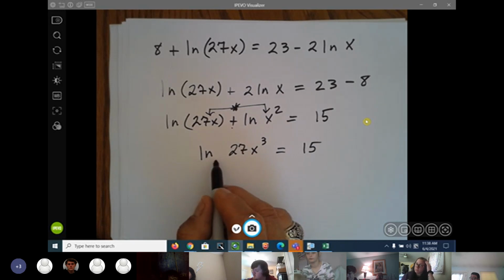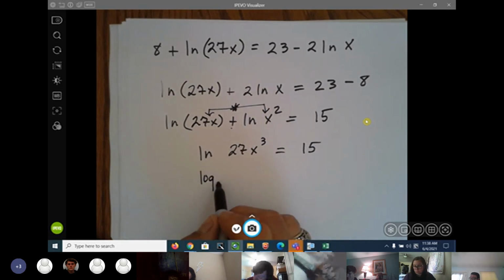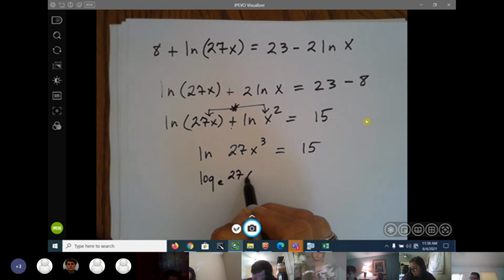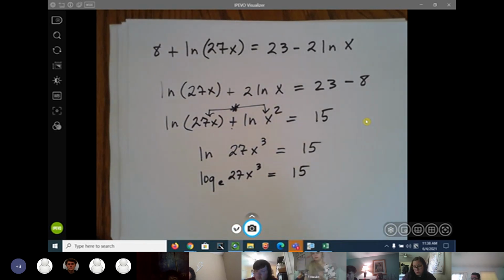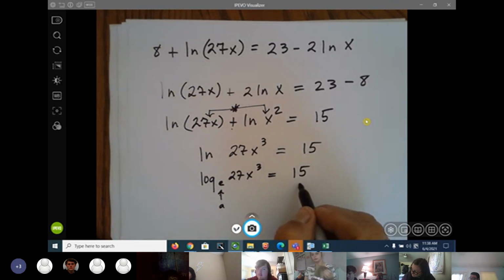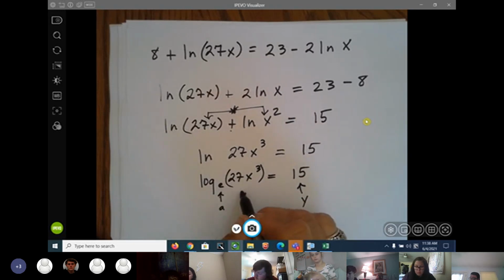You can do natural log, or you can do log base e. I'm going to do log base e. Log base e of 27x cubed is equal to 15. And there's my a, there's my y, and here is my x.